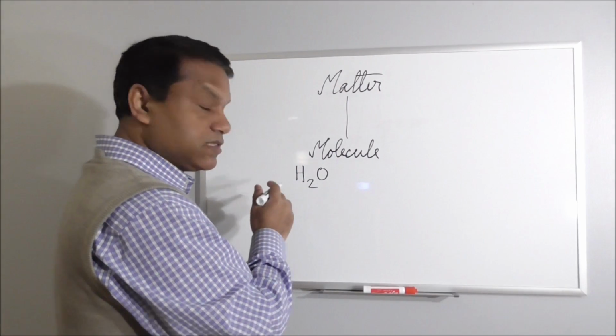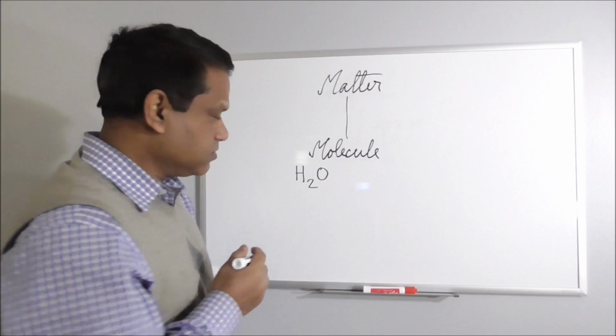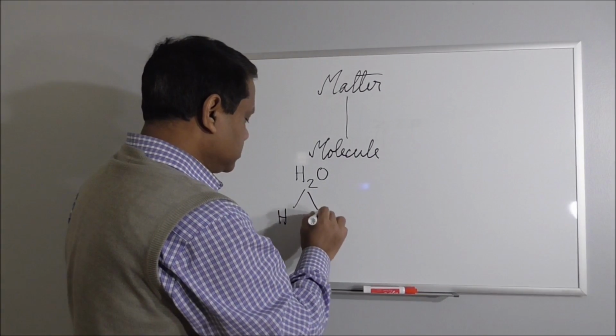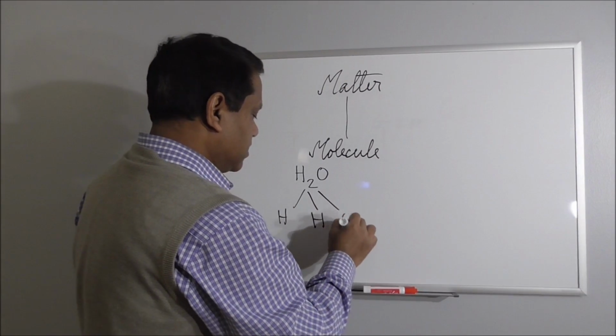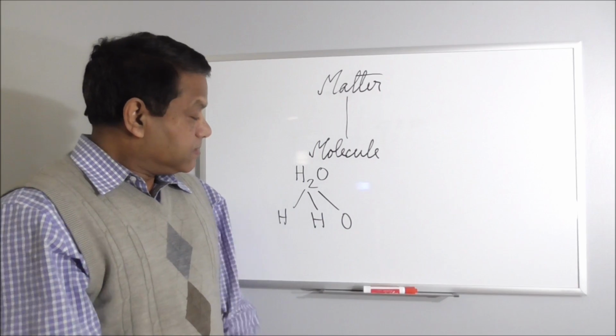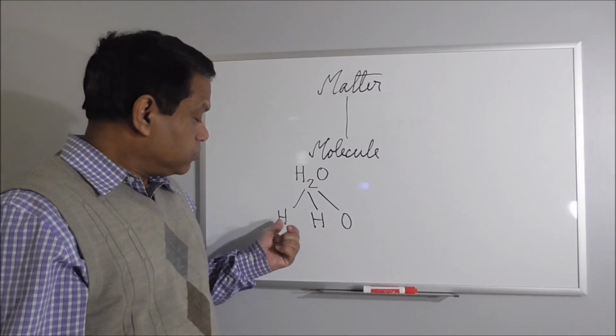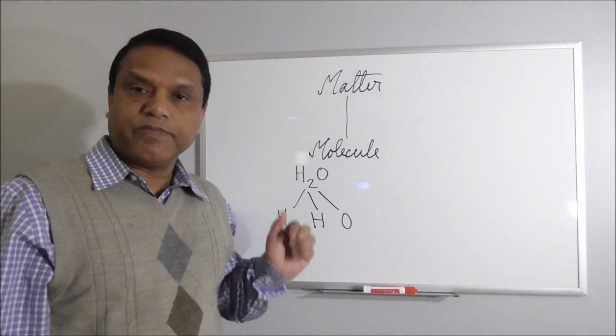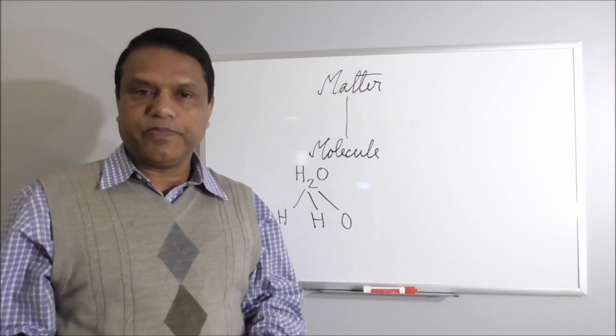H2O is a molecule. It is made of 3 atoms. Those are 2 hydrogen atoms and 1 oxygen atom. So if we break H2O into 2 hydrogen atoms and 1 oxygen atom, this will no longer be water. It will lose the property of water.